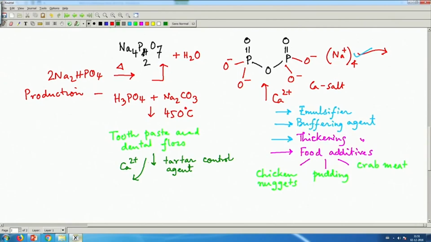So, we can have both calcium as well as magnesium, which is also present in our saliva. So, that particular one can be removed.